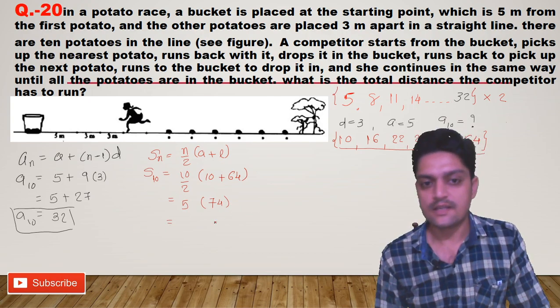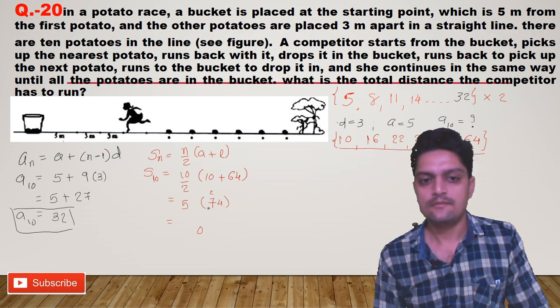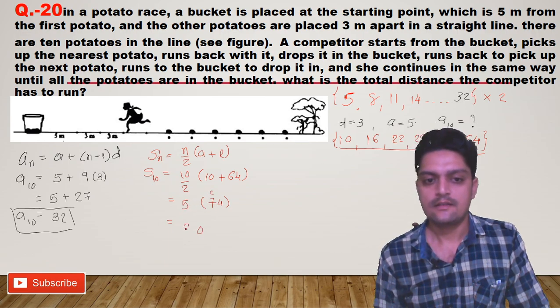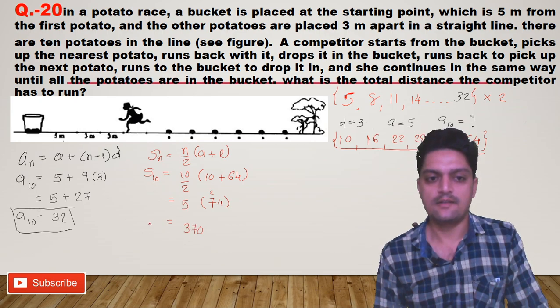Now you have to do this multiplication. 5 fours are 20, and 7 fives are 35 plus 2, 37. So S10 is 370.